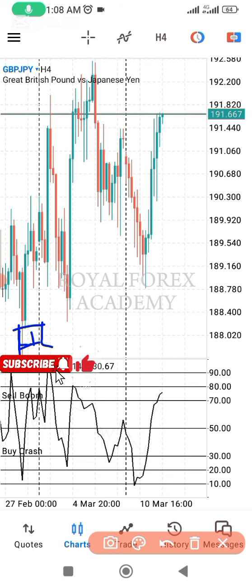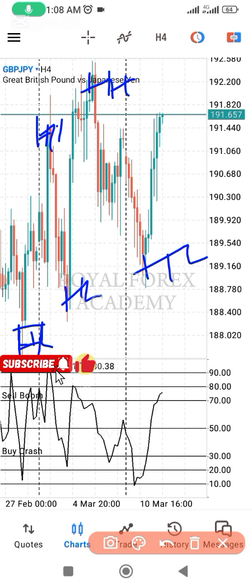This is a higher low. At that point, here we have a higher high. Then price gives us a new higher low. Here we have a higher high, and of course we have this new higher low that has been formed, and then we are expecting price to present for us a new higher high.